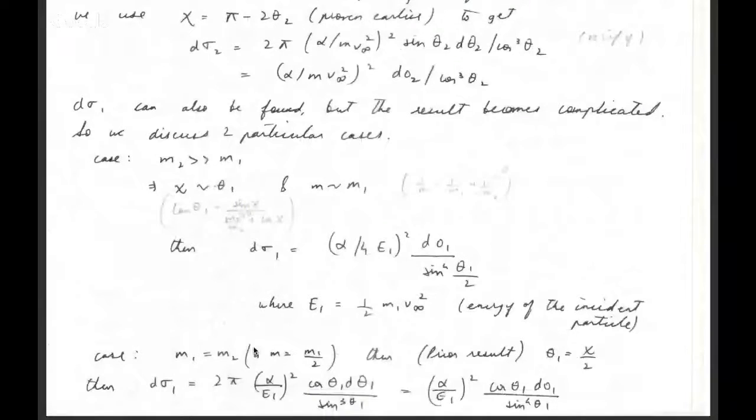Okay, so in the case m1 equal to m2, that is, small m equal to small m1 by 2, the prior result, that is theta 1 equal to chi by 2, is obtained. Okay, can I see that?